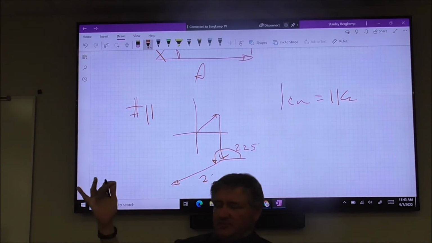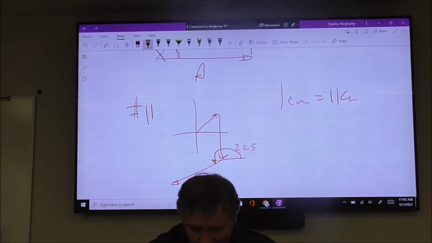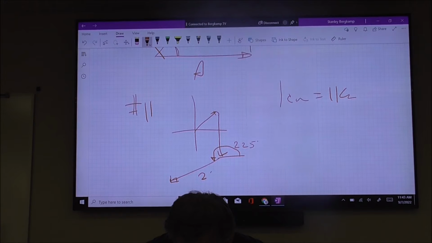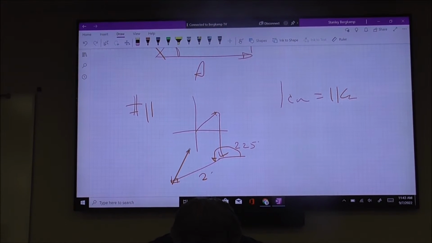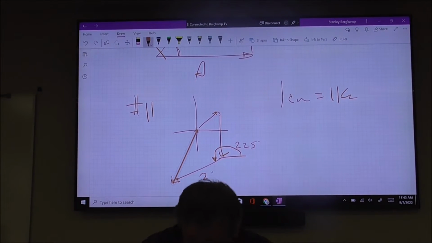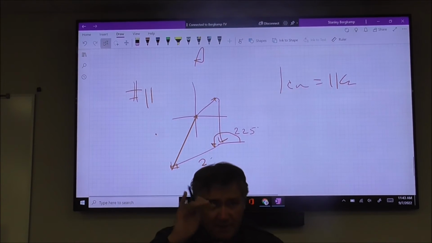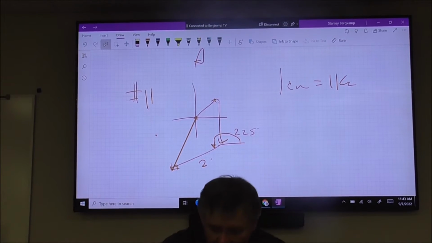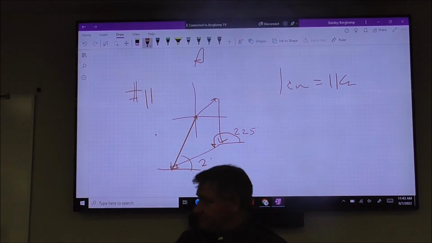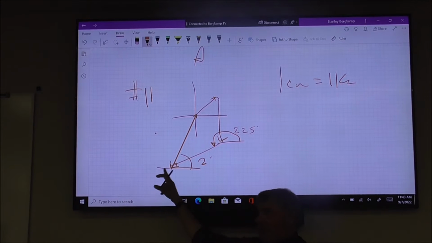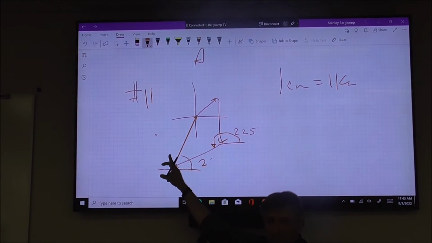So here's the difference. If you're Bob, Bob is starting here, and Bob is going to go in this direction, okay? So if you're Bob and you're telling Bob where to go, this angle is going to be measured from this positive x-axis around like this.